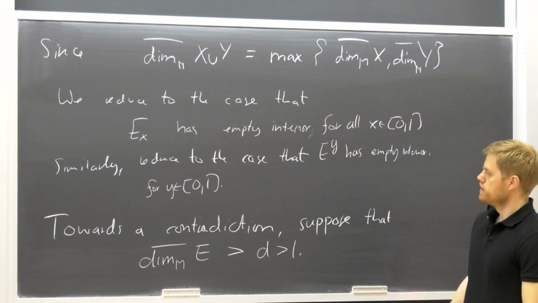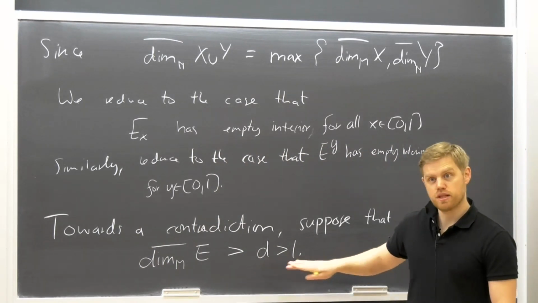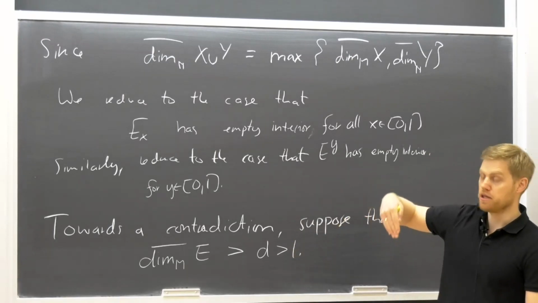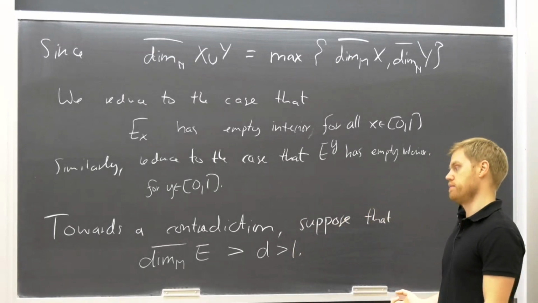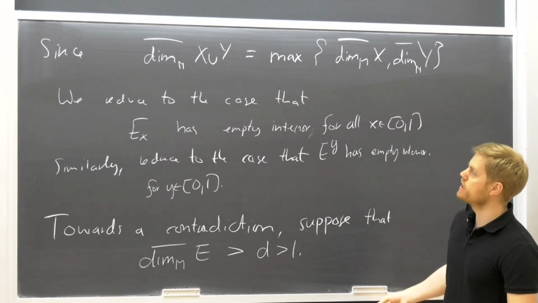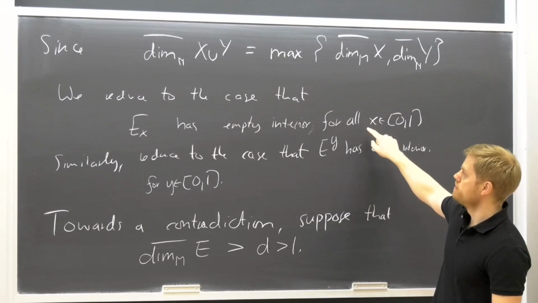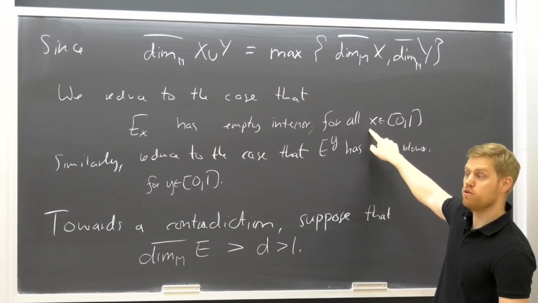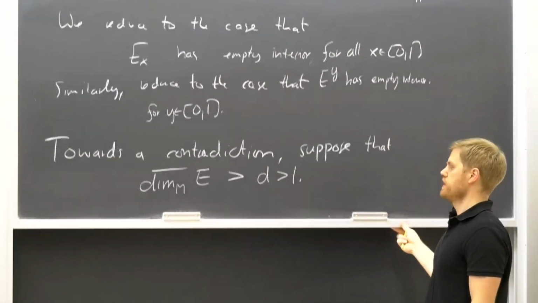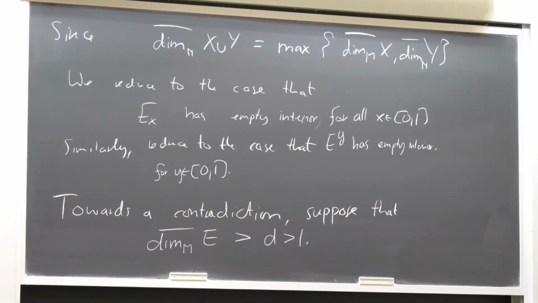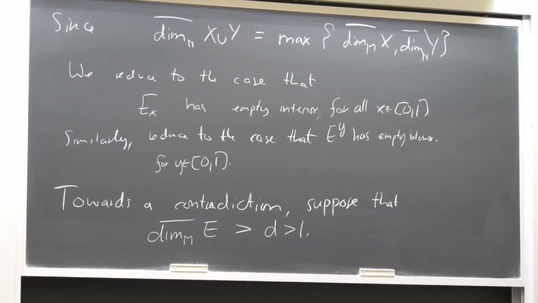What I'm going to show is that there's a contradiction. I will show that then one of these fibers will have to pick up dimension. So I will show that these families here cannot be uniformly M null.